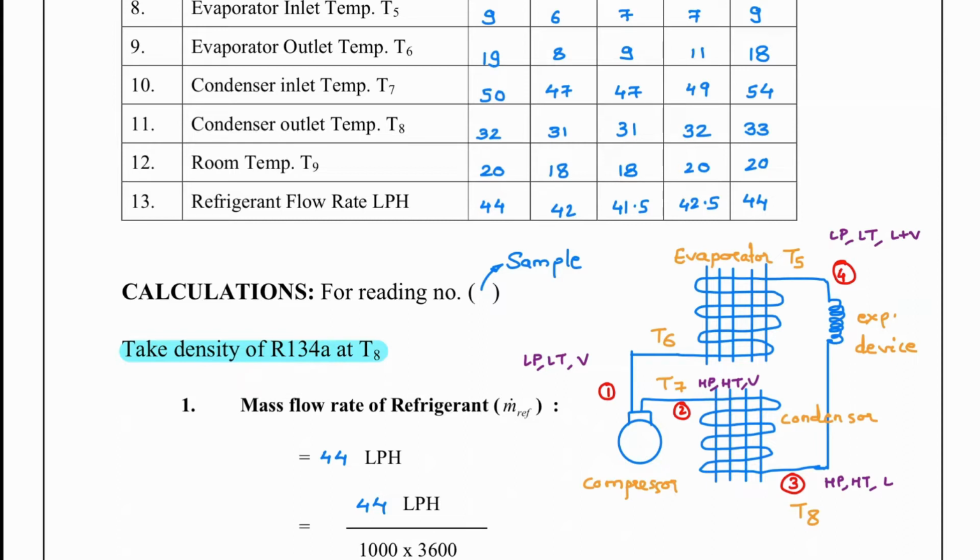This vapor enters the condenser, and as the name suggests, that vapor is condensed to liquid: high pressure, high temperature liquid. Now point 3 enters the expansion device, where there will be isenthalpic expansion, pressure drops, temperature drops, and we get a liquid plus vapor mixture.